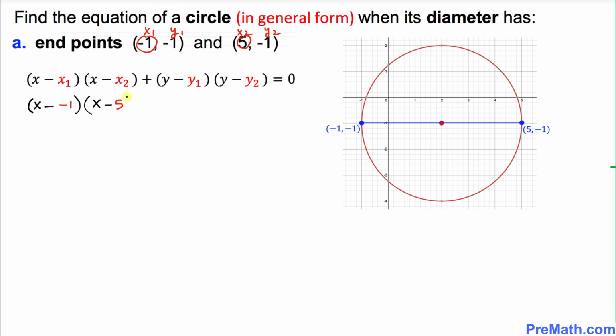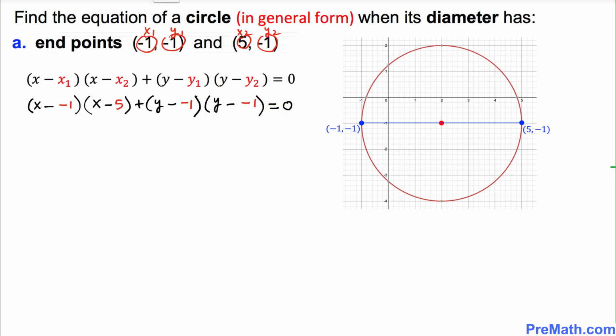And then plus y minus y1, in our case y1 is -1, and then y minus y2, in our case is -1, and then everything is equal to 0.